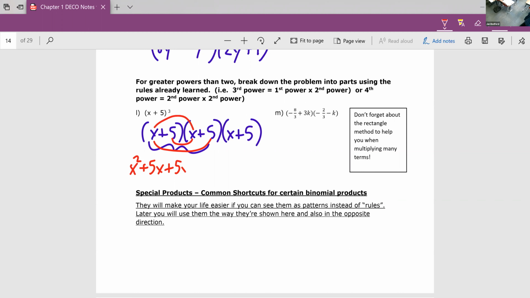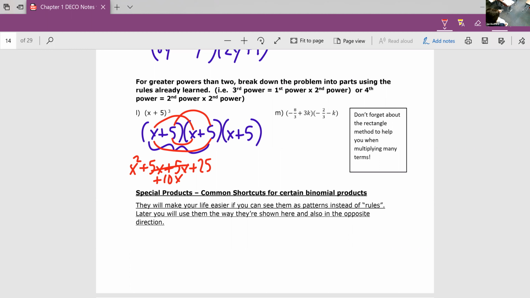And then what is last times last? Plus 25. And did you have something you could combine? Yeah, 5x plus 5x is 10x, so x squared plus 10x plus 25 is what you get when you multiply those first 2 parentheses together. Did y'all get that right? No. If you didn't, do you see why you didn't?